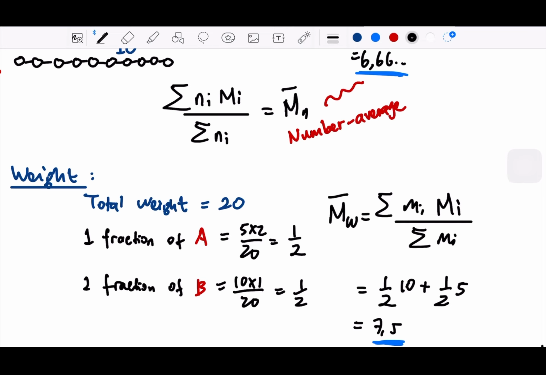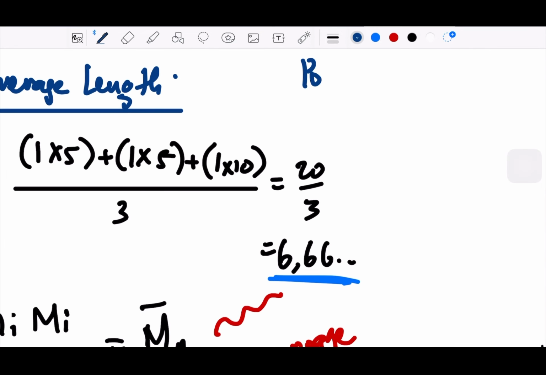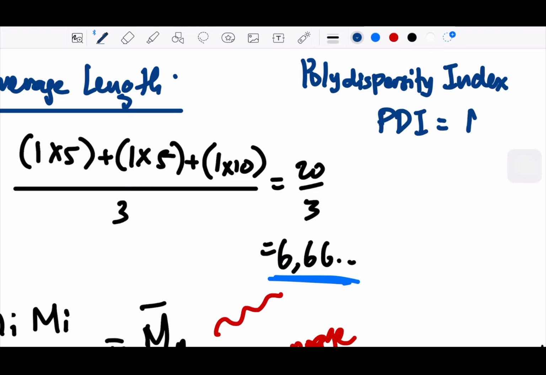We call the polydispersity index, or PDI. This is called PDI. This is the ratio in comparison of the weight average and the number average.